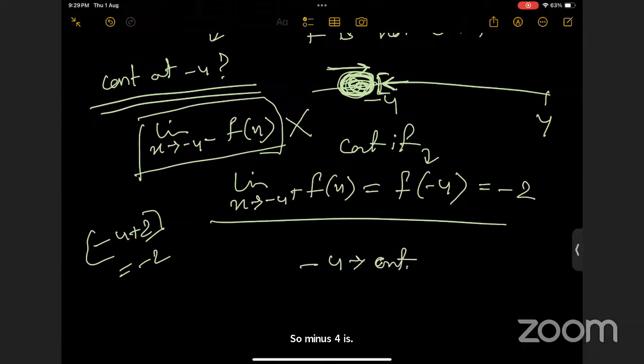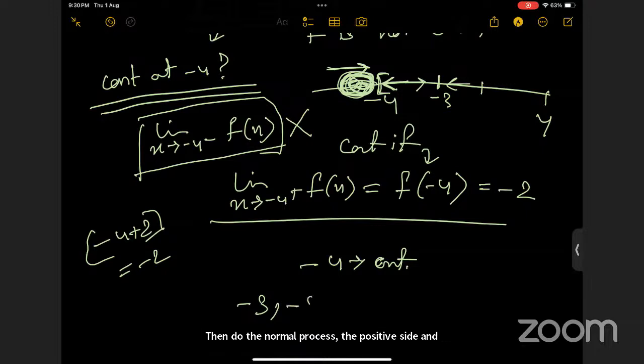But what about -3? We do the normal process, the positive side and negative side for the point -3. Discontinuous. And what about -2? Discontinuous. Similarly, and -1, discontinuous.